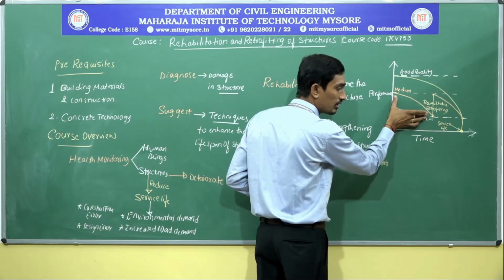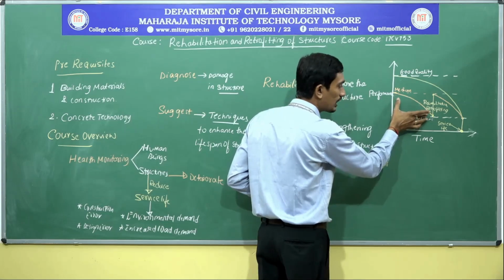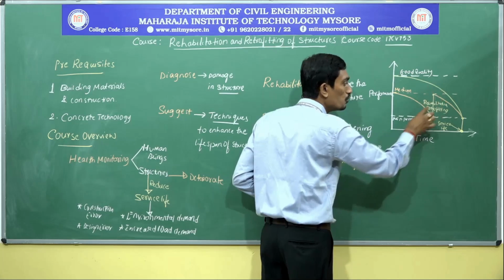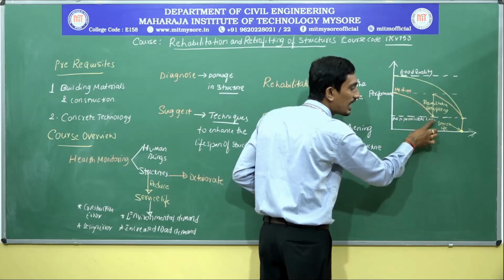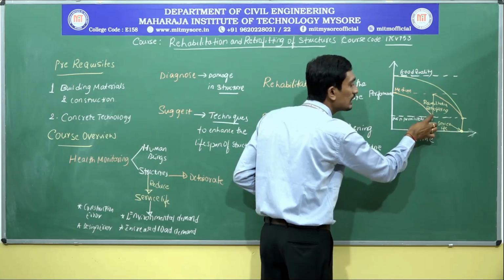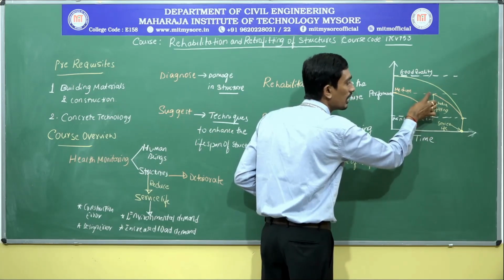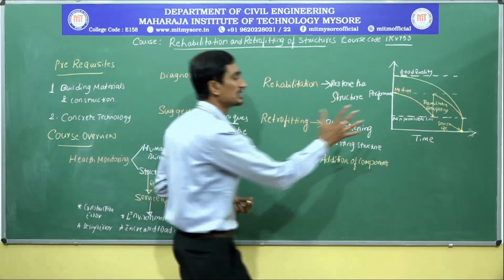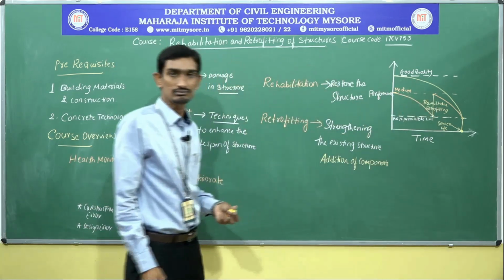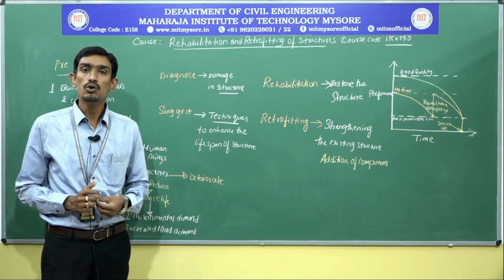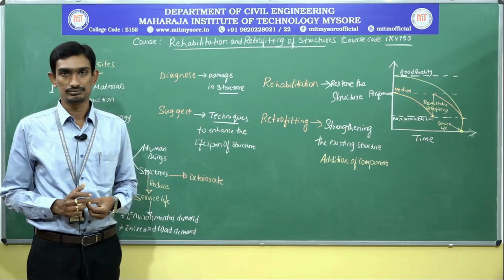Next, after coming to know about deterioration and the reasons, what suggestible techniques are you going to use to overcome this declining graph line? You are going to increase this particular path, and then reach the end of service life. So the entire subject lies like this. This is the course overview of your subject.